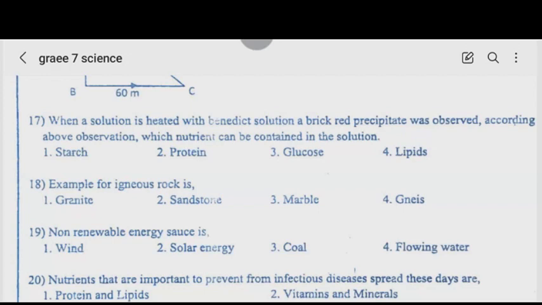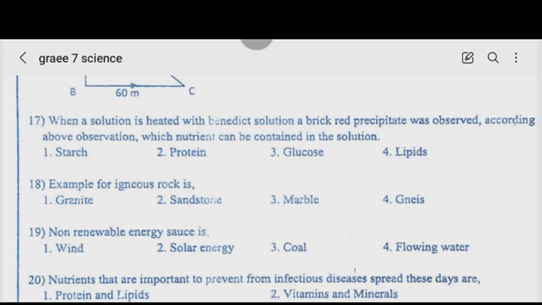Number 18. Example for igneous rock. Igneous rocks means what, children? Actually, igneous rocks, children, are produced with the volcano eruption. And the lava cools quickly. After the eruption of the volcano, the lava will cool down quickly.